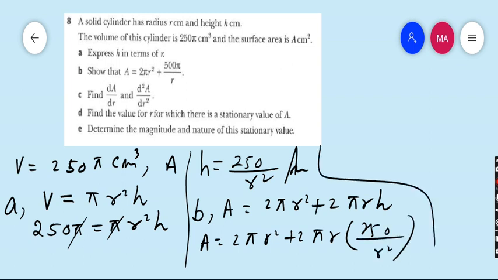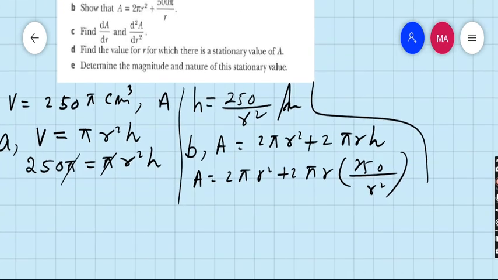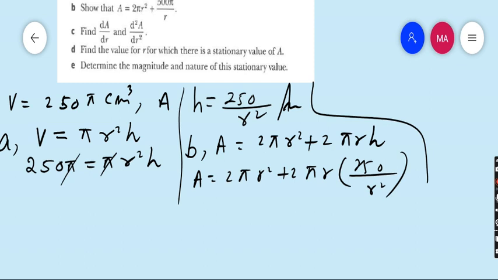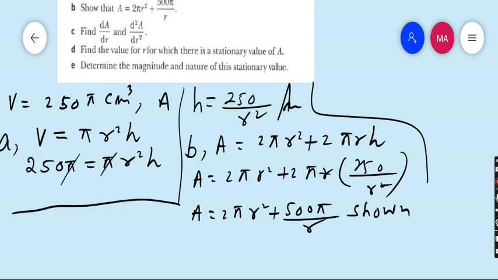The final answer is A is equal to 2 pi r square plus, r cancels with its square, 2 into 250 is 500 pi upon r. Shown. This is the requirement of part B.